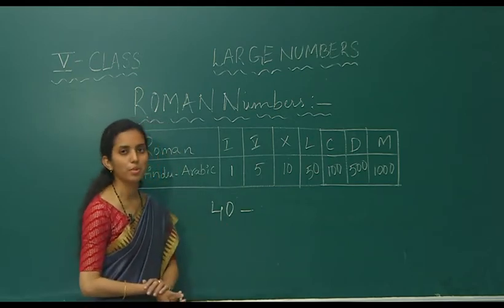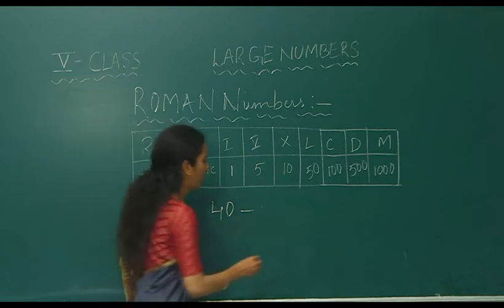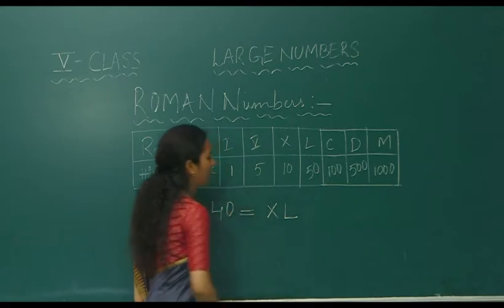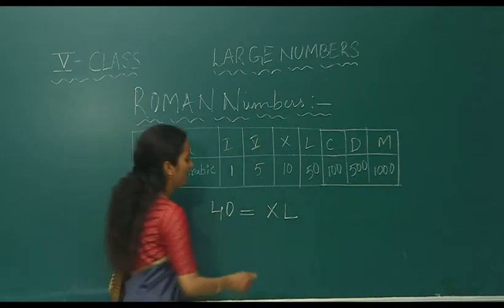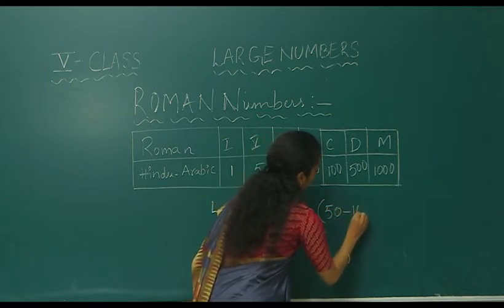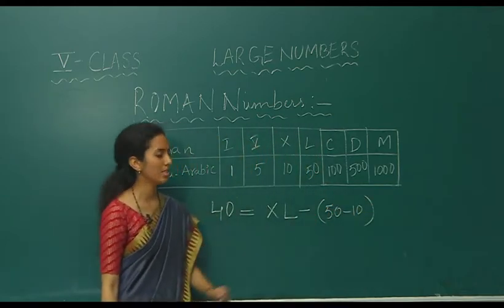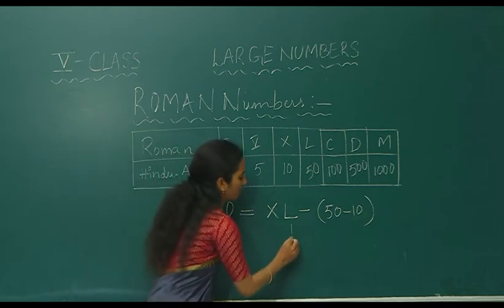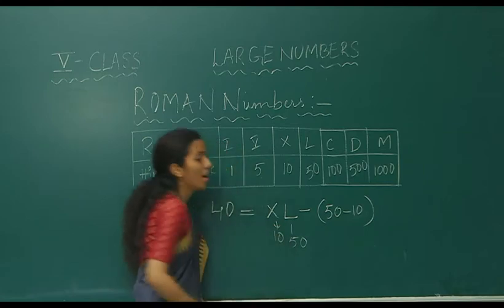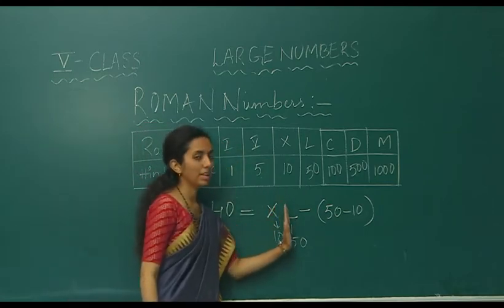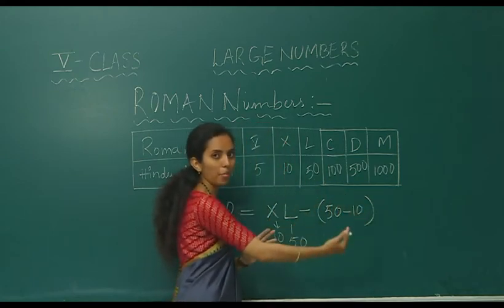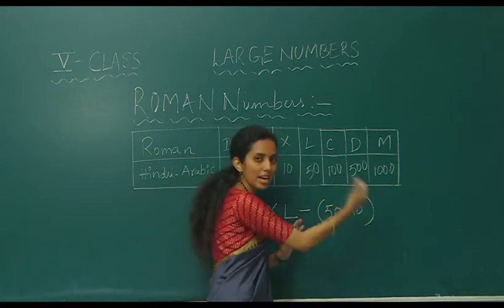So how do we have to represent 40 now? There is one more way. What is that way? This is 50 minus 10. How? L is 50 and X is 10. If we write the bigger number first and to its right side we write a number, that means it is addition.